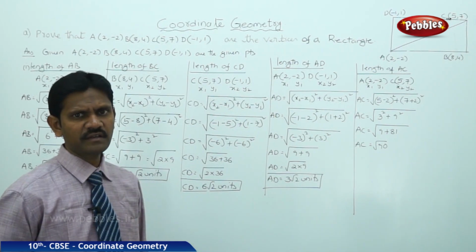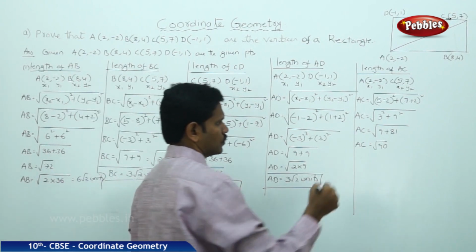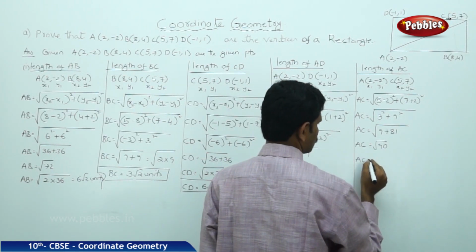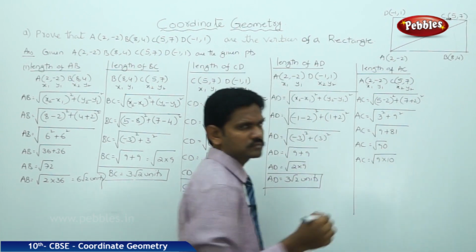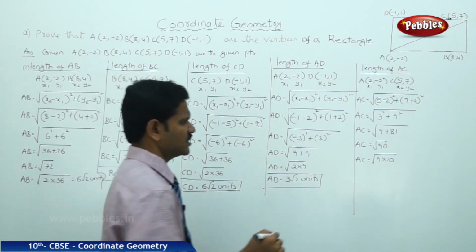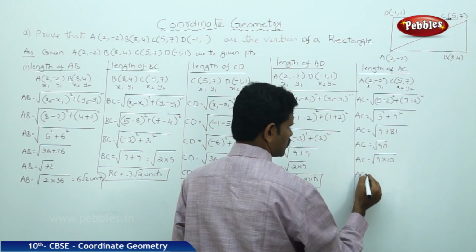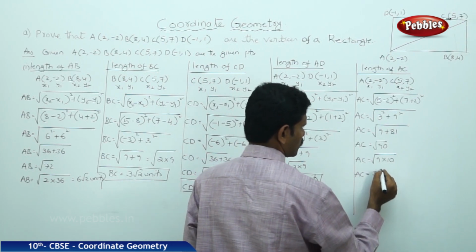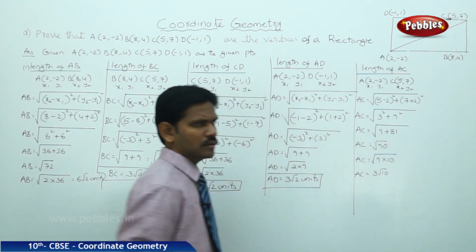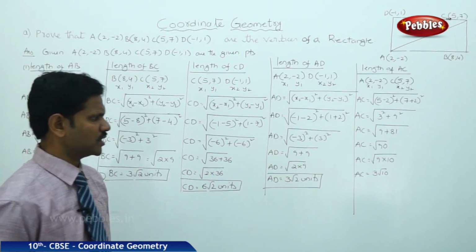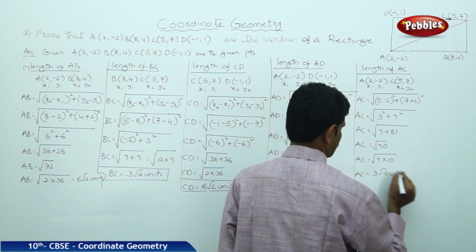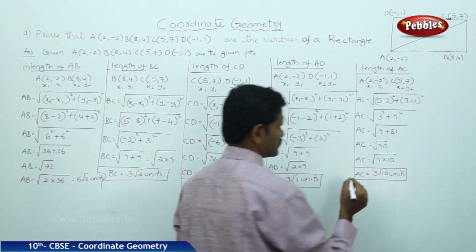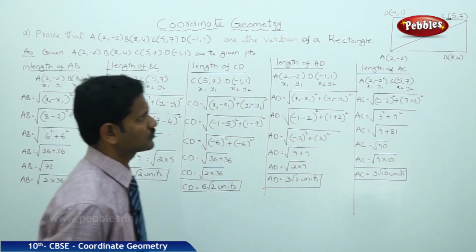Now AC can be broken down into 9 into 10, that is AC is equal to 3 root 10, because root 9 can be written as 3 units. That is AC value is 3 root 10.